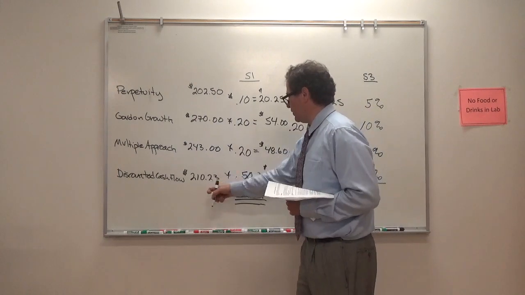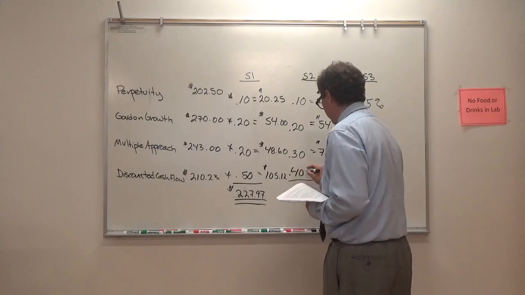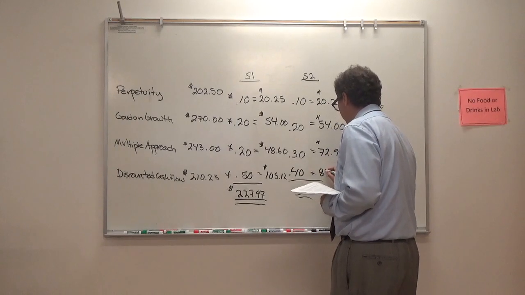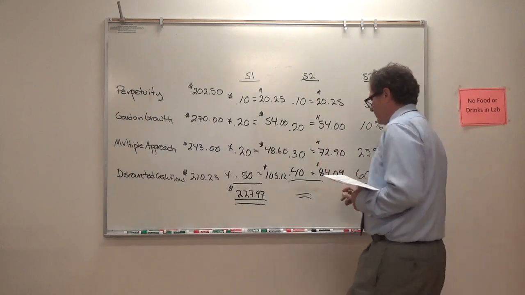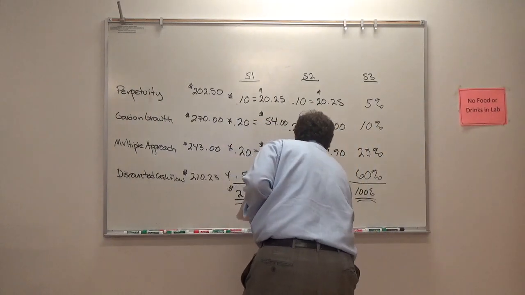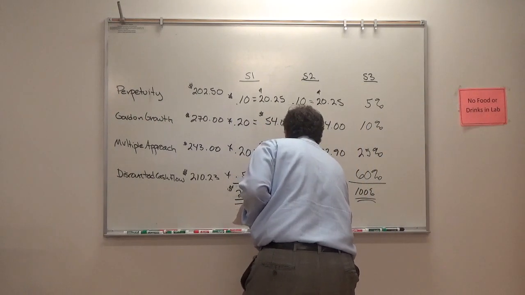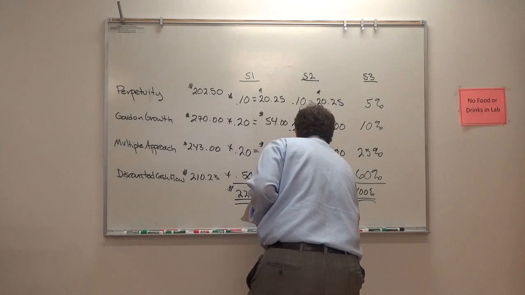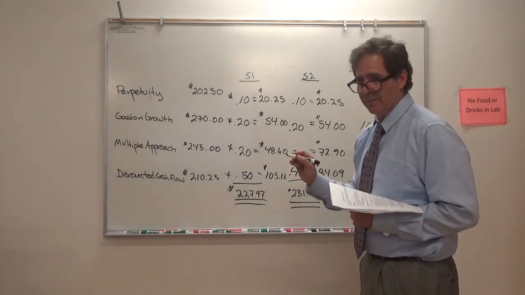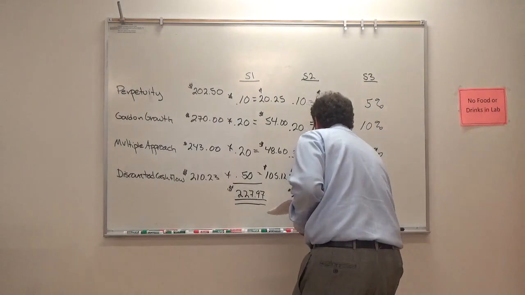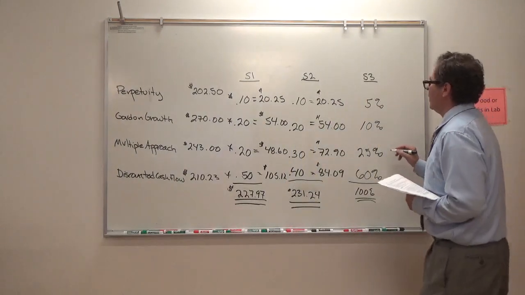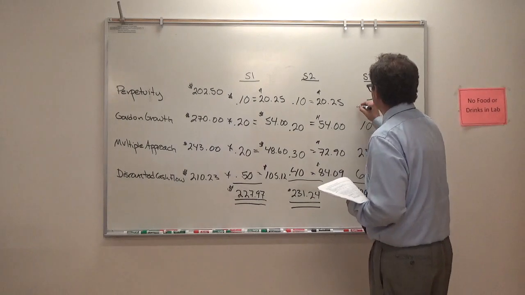And what's 210.23 times 0.4? 84.09. And what does that sum up to be? 24, got it. And let's do this one too.